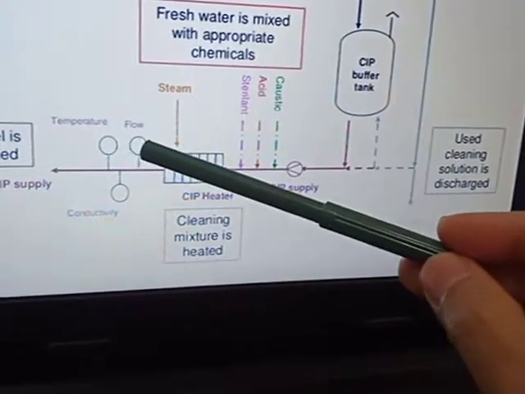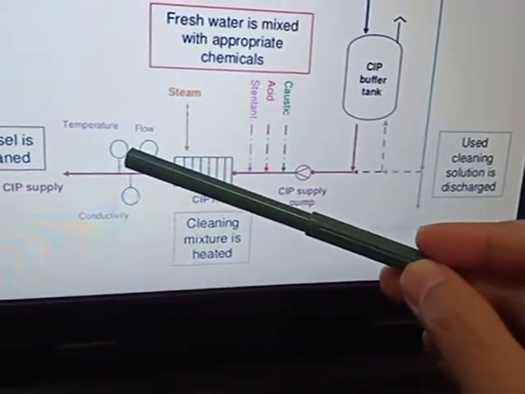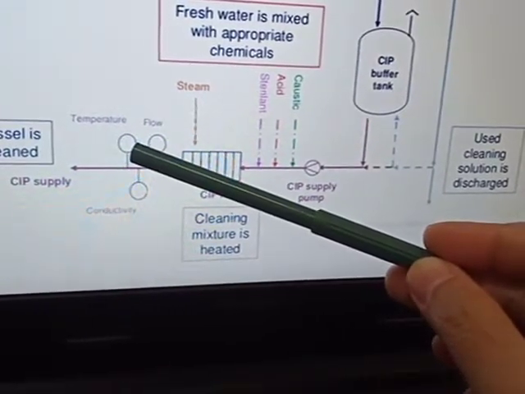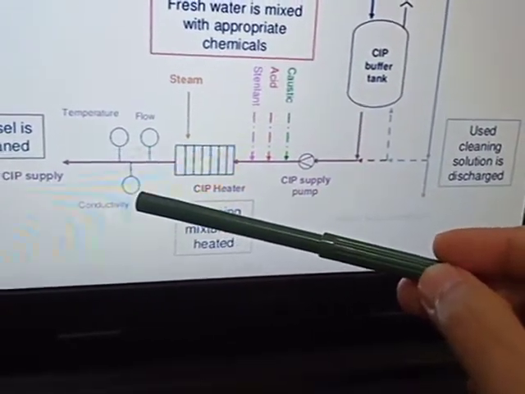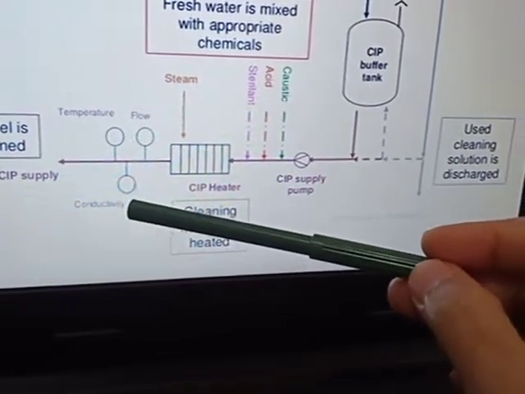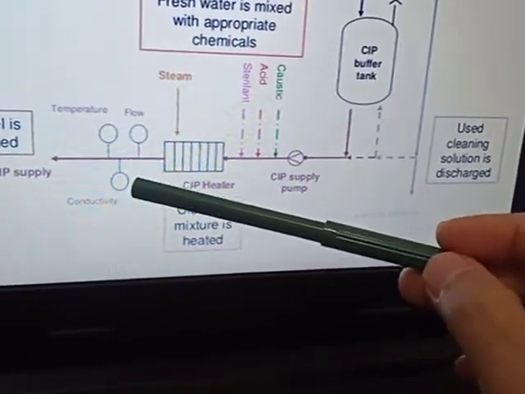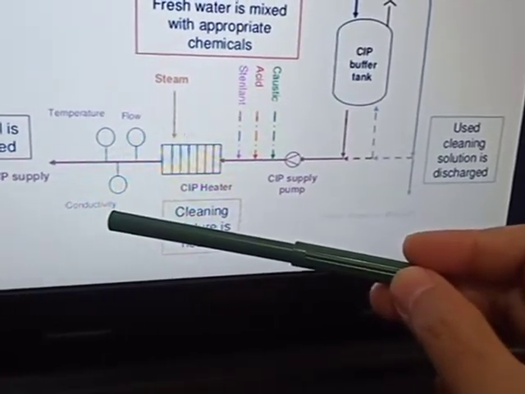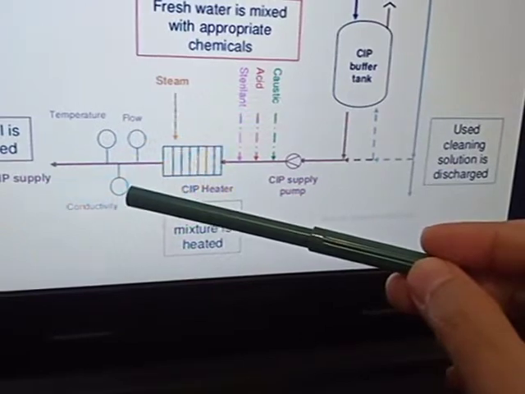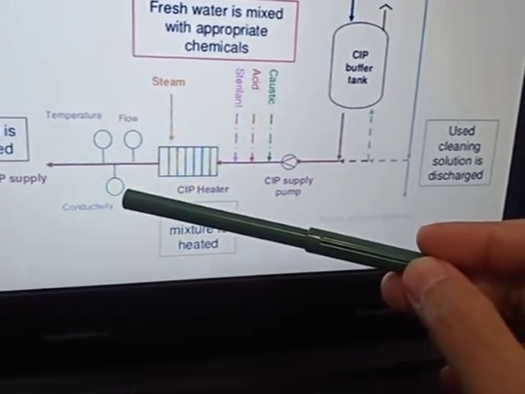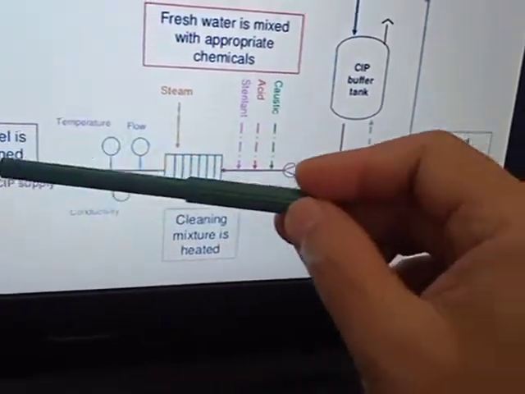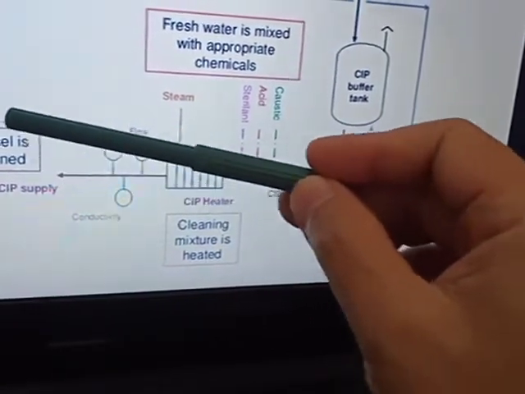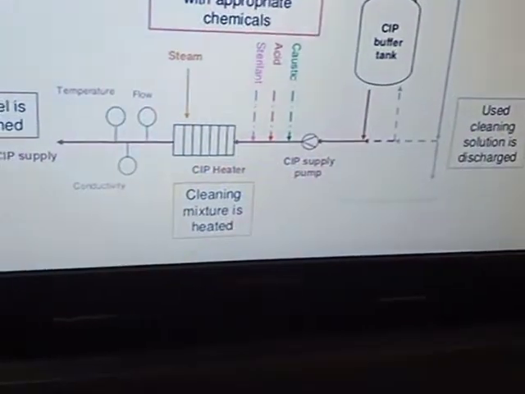You have a flow meter, a temperature indicator, and the conductivity meter. The chemical must be usable with a conductivity meter and must produce conductivity measurement values. So you have the CIP supply, and this CIP will be used to clean the vessel.